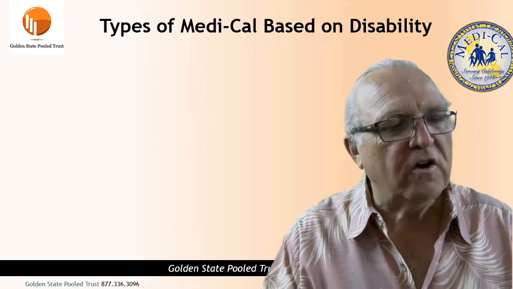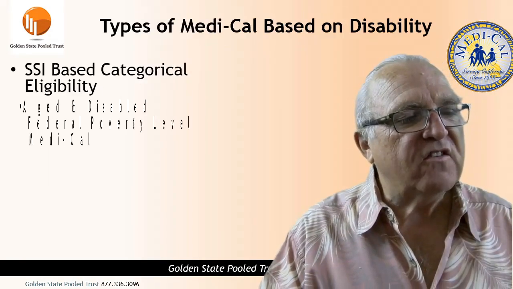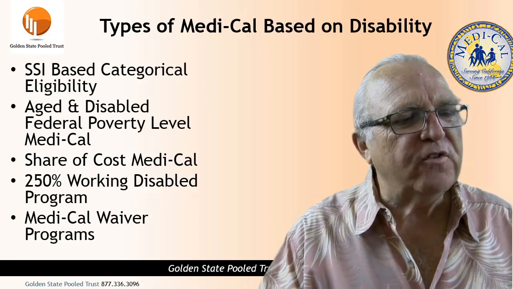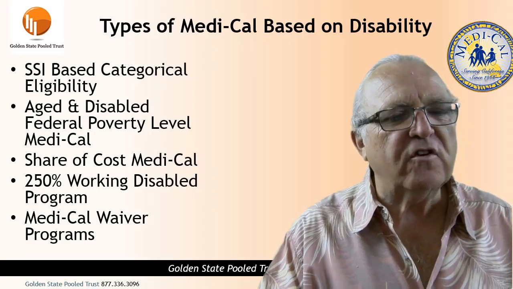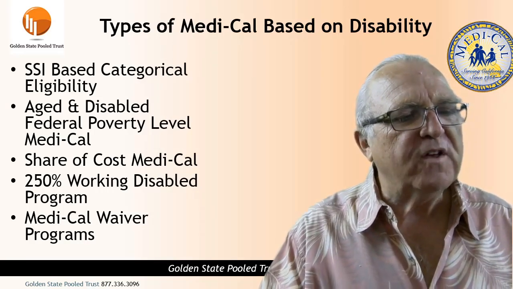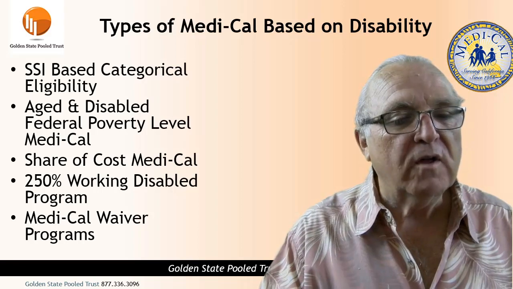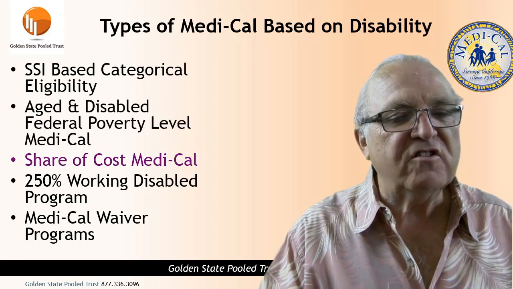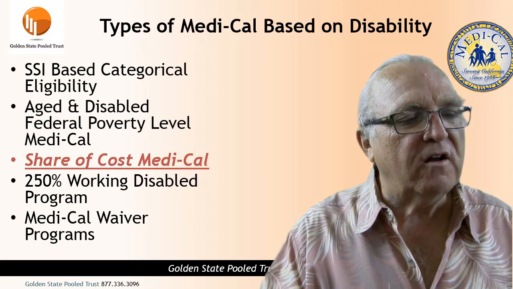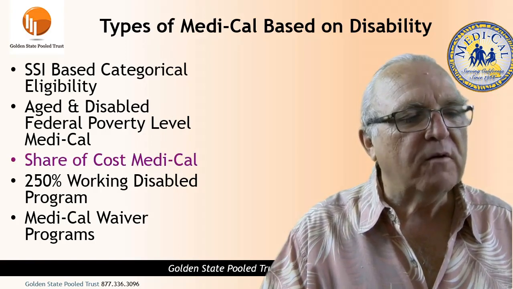Okay, so let's go through this. We've kind of gone through this slide that there are a number of ways of getting qualified for Medi-Cal. What we're going to talk about here is the Aged and Disabled Poverty Level Medi-Cal and the Share of Cost Medi-Cal.